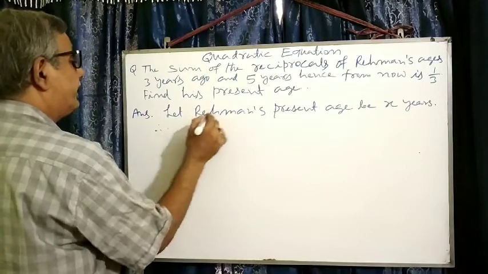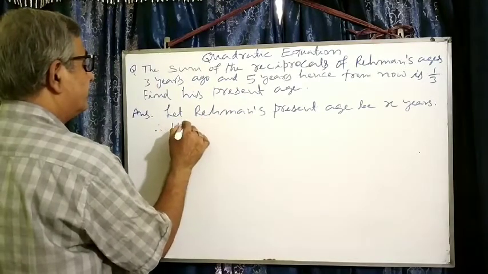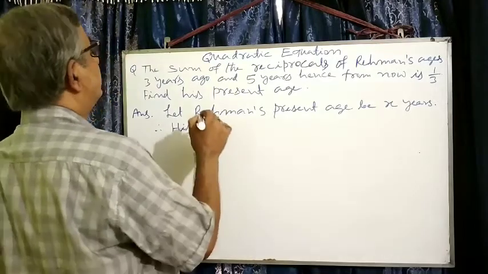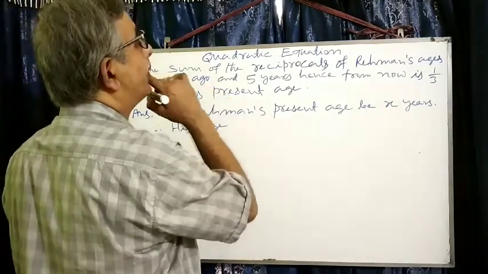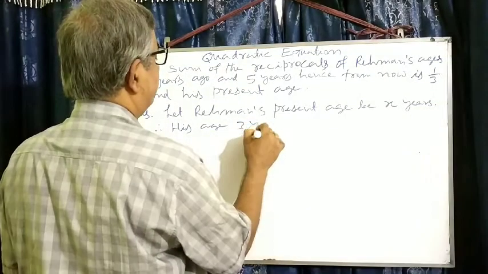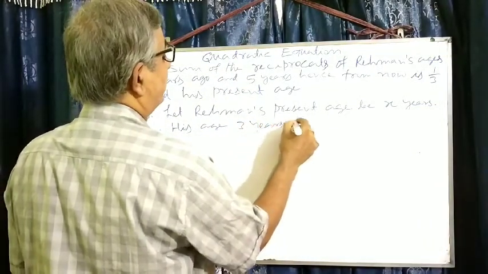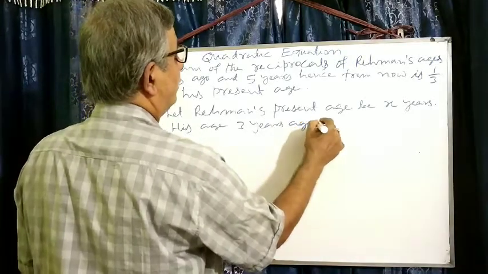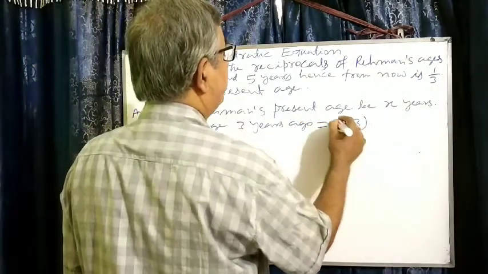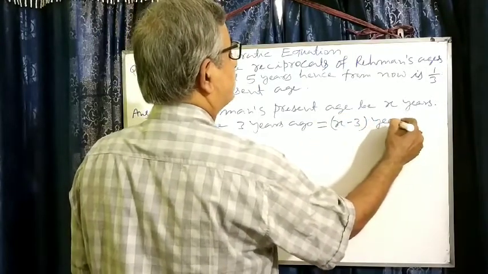Therefore, his age 3 years ago is equal to x minus 3 years.